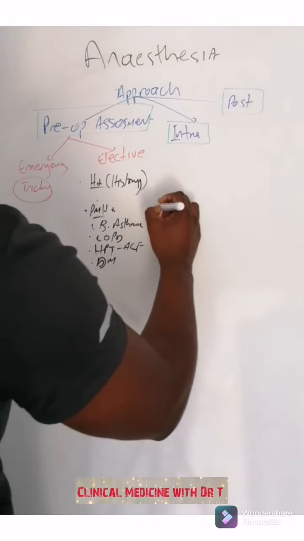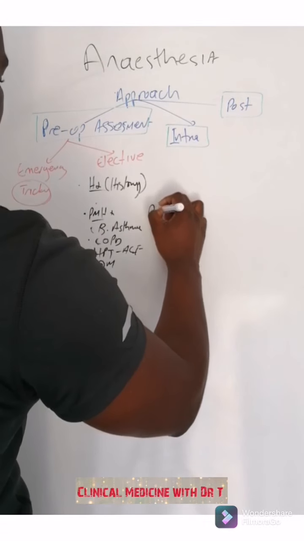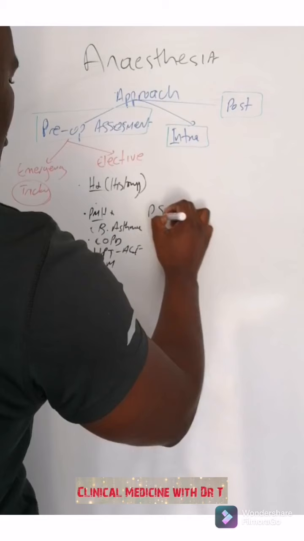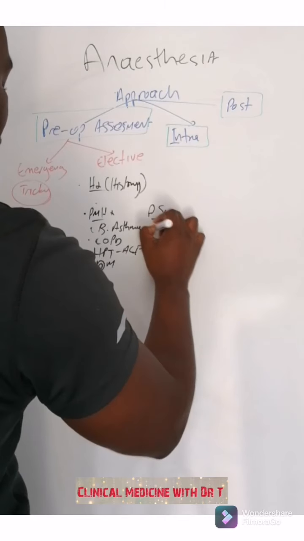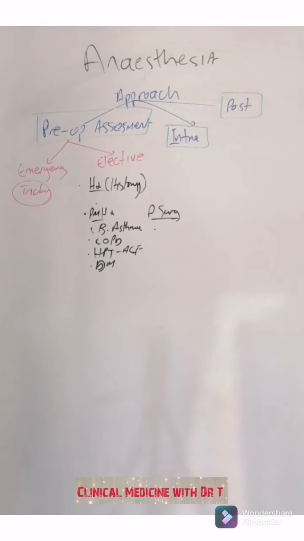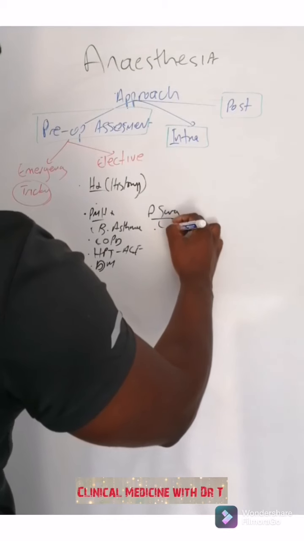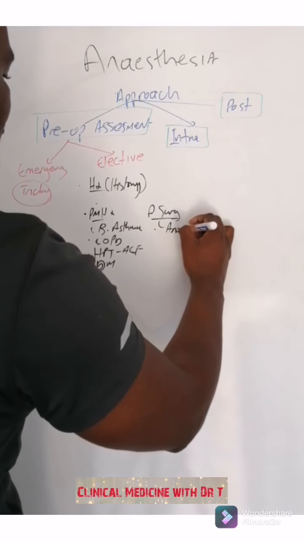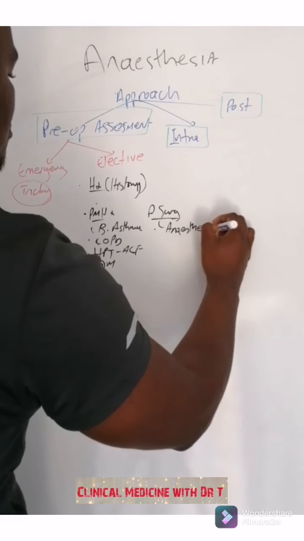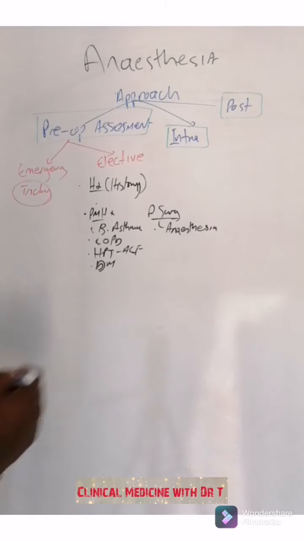And when it comes to past surgical history, it is not very important for the anesthetist, but it gives you an idea if the patient has been exposed to anesthesia before. And if they say they have had an operation, you're going to try and describe, because patients might not understand.